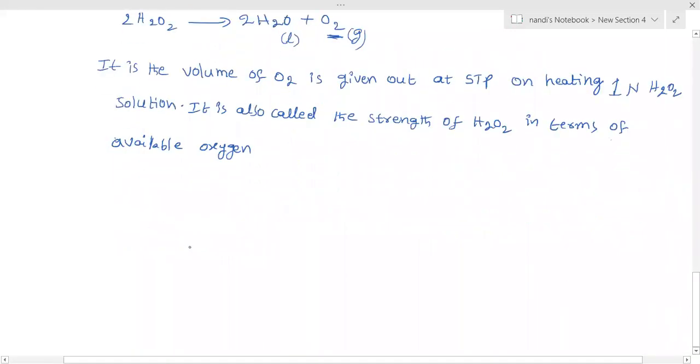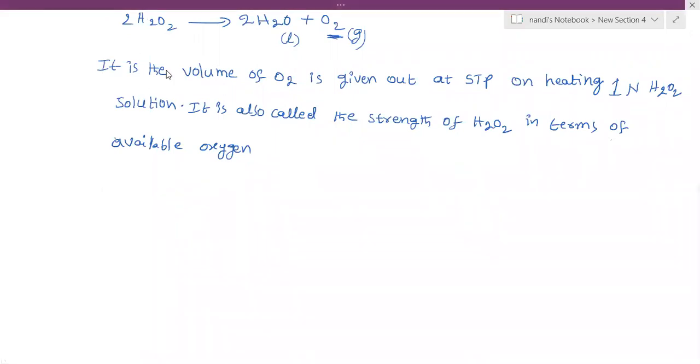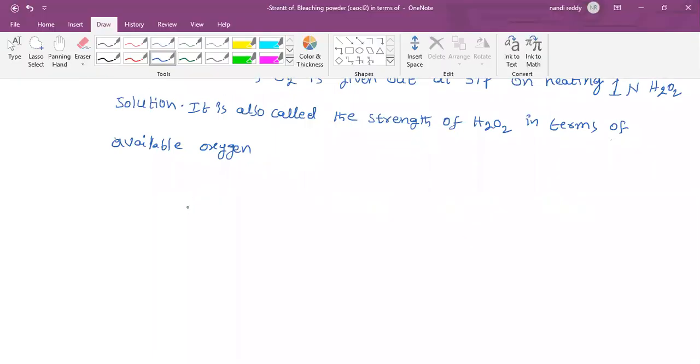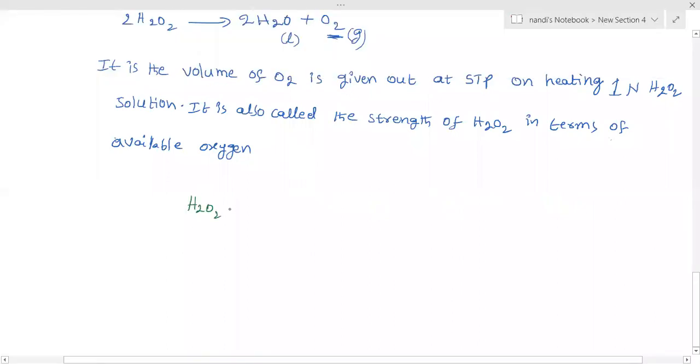So I'm writing the equation again. 2H2O2 gives 2H2O plus O2. I am calculating everything at STP conditions. How many moles of oxygen are formed here? 1 mole. What is the weight of H2O2? O2 is 32 grams, plus H2, so 34.